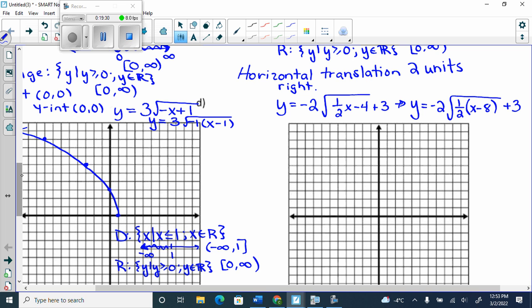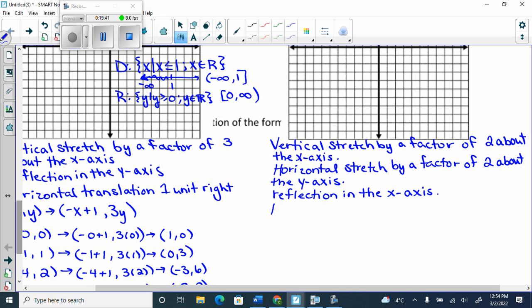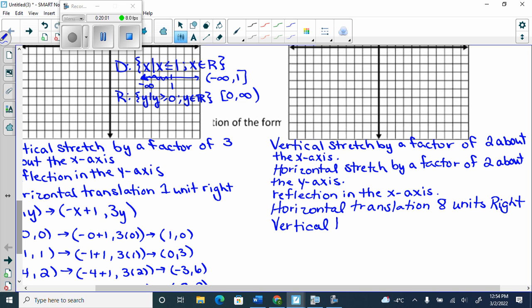And then this is a horizontal translation, 8 units right, and a vertical translation, 3 units up.